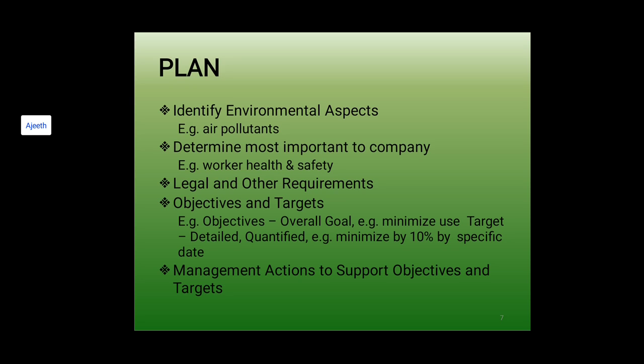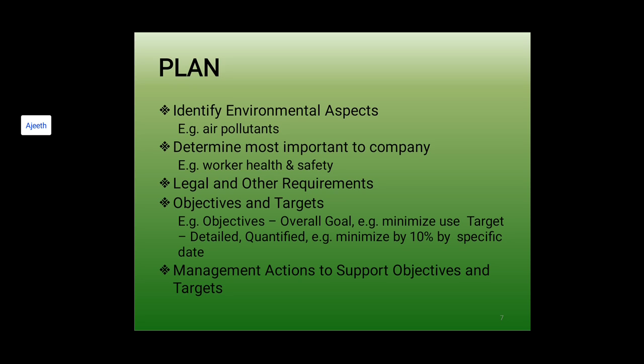So what do you mean by plan? It is to identify the environmental aspects of a project which is coming in. Example, what are the air pollutants? Determine what is most important to the company, right? What is the most important thing for a company? For example, just an example, workers' health and safety could be the most important to the company.